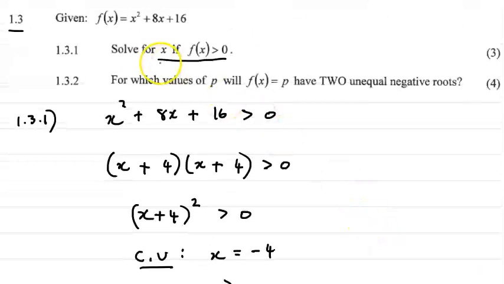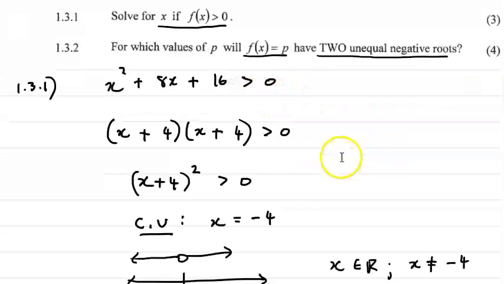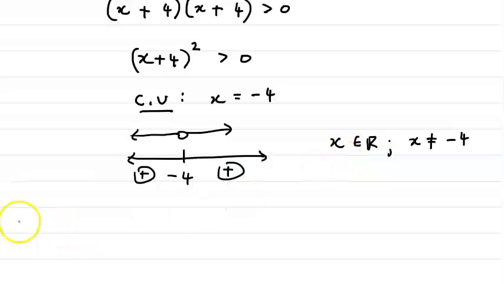Let's look at the next question. For which values of p will f of x equals p have two unequal and negative roots? So let's go and substitute f of x equals p. Question 1.3.2.